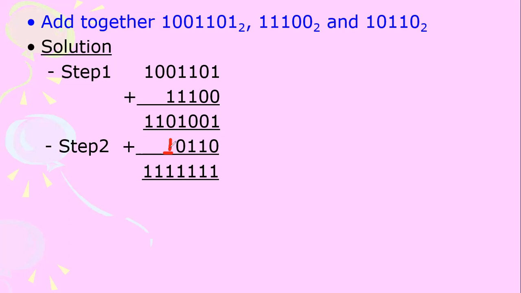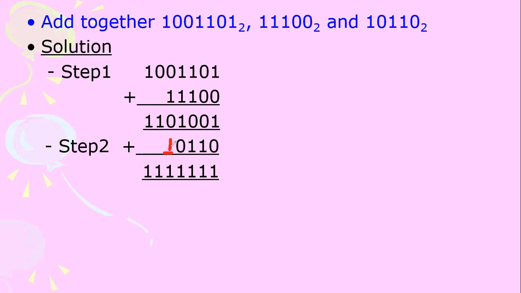So you have to be very careful when adding binary numbers, because a slight mistake in either omitting a digit or altering a digit and using another one can give you an erroneous result.